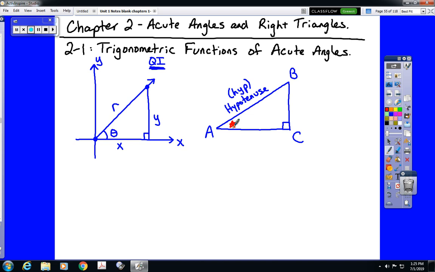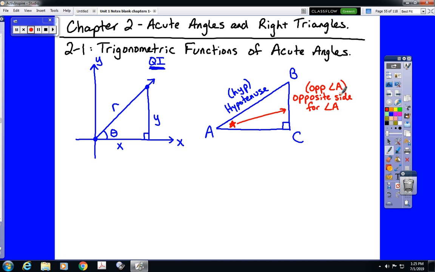If we're talking about angle A, then the opposite side would be the side across the triangle, meaning that side BC would be our opposite side for angle A, which we will abbreviate OPP.